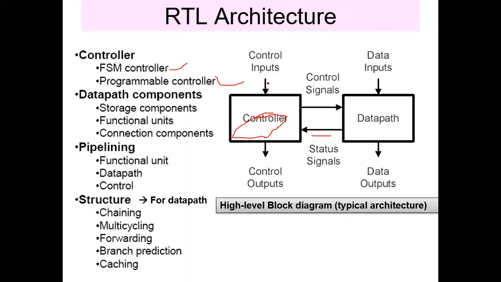So in the case of the data path, data paths basically consist of different functional units and different registers. Some data inputs will be there for the data path.